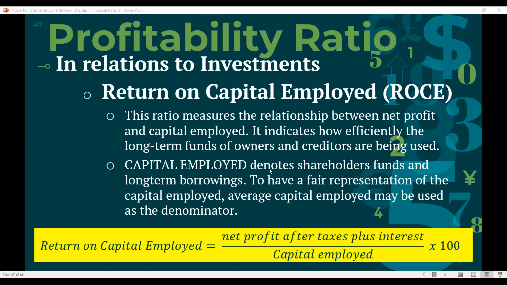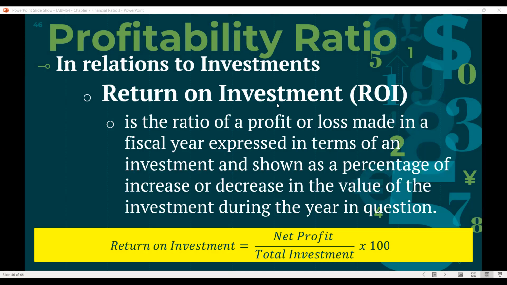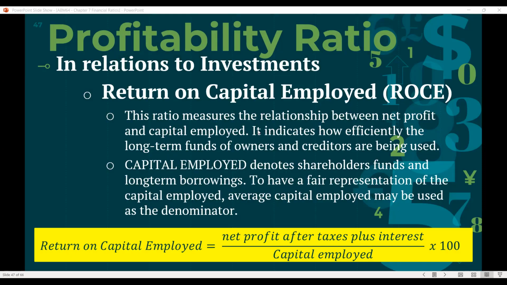So capital employed denotes shareholders' funds and long-term borrowings. To have a fair representation of the capital employed, average capital employed may be used as the denominator. So same rin siya actually with ROI. So more on based on investment ng yapon. So for capital employed, this focus more on the shareholders fund lang yapon.